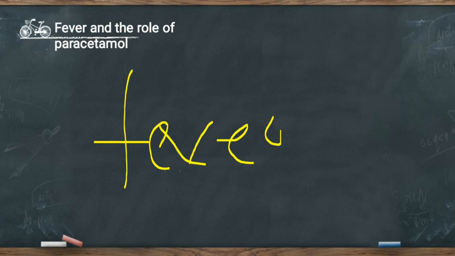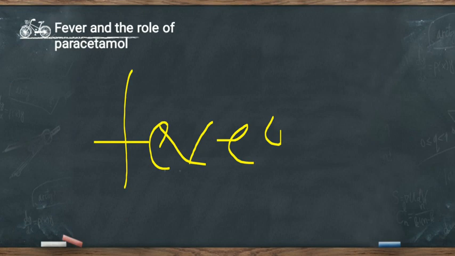Fever is simply the sudden rise in the core temperature of the body, and some diseases produce an increase in the core temperature, and this is known as fever. What happens is that the thermostat in the hypothalamus is set at a higher temperature. How?